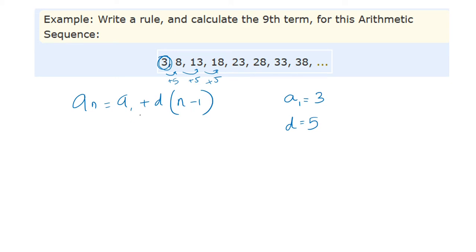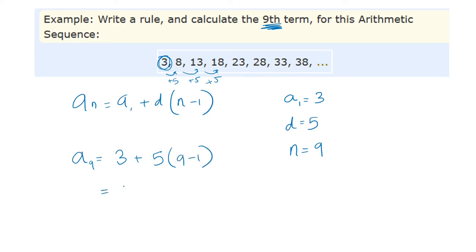Alright, so we have everything that we need, and we're looking for the 9th term, so we know n must be 9. So let's plug in what we know into the formula. a sub 9, which is the 9th term in the sequence, is equal to a sub 1, which is 3, plus the common difference, which is 5, and we're going to multiply that by 9 minus 1.